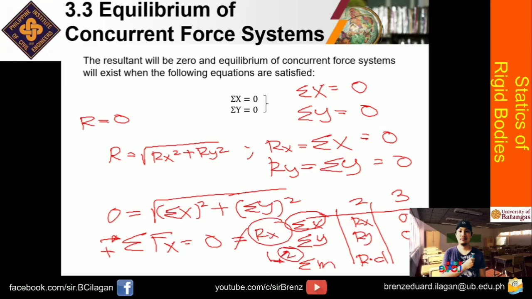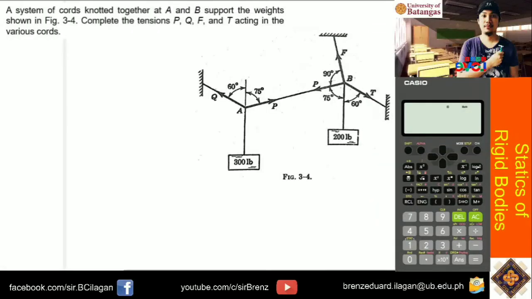Okay, so para mas maunawaan nyo, try natin solve ng problems. Okay guys, so for our first problem for a equilibrium of concurrent force system, basahin natin. So we have a system of chords knotted together at A and B and support the weight as shown in the figure. So dun sa point A, it is carrying a 300-pound block and at point B, meron kang 200-pound block.